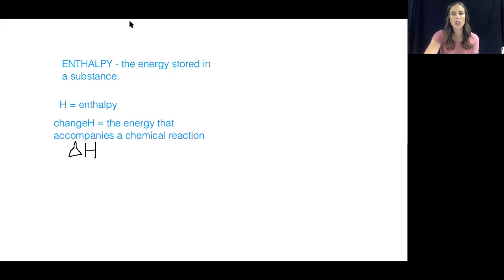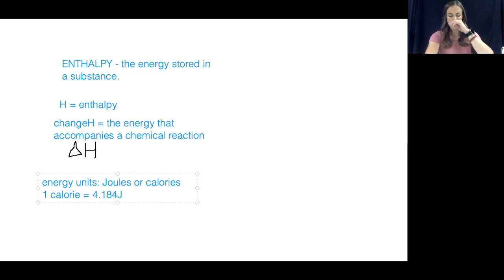When we're talking about change in enthalpy, we're going to use energy units, and that could include joules or calories. And remember, we talked about last module how 1 calorie is equal to 4.184 joules. So you'll have to know that.